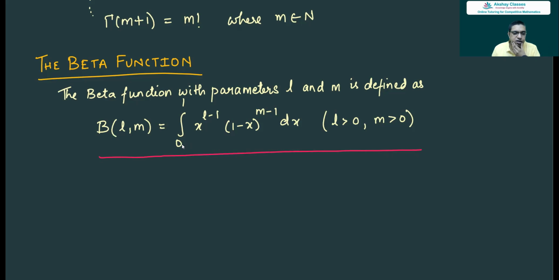The limits are not infinite. It is in fact between 0 and 1, but it is a product of x raised to the power L minus 1 and 1 minus x raised to the power M minus 1. So now the beta function is an improper integral for which values we can understand from the gamma function.